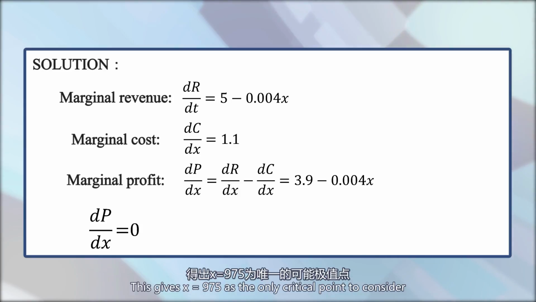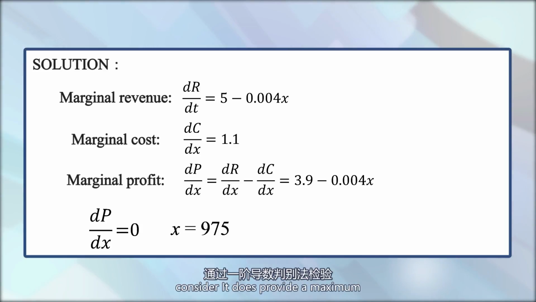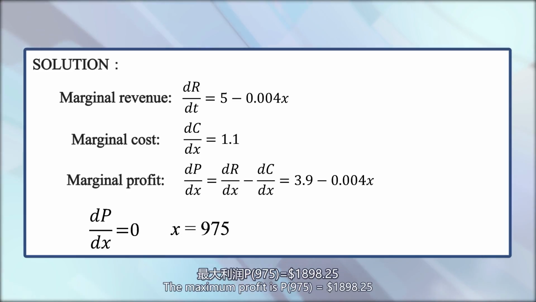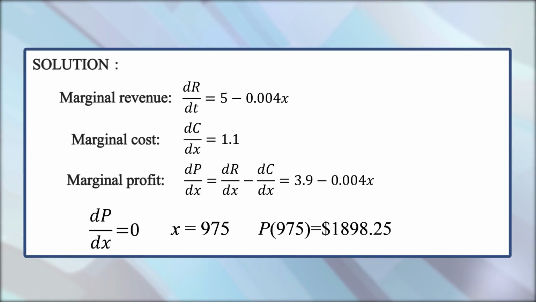And this gives x is 975 as the only critical point to consider. It does provide a maximum, as may be checked by the first derivative test. So the maximum profit is P at the point 975, and it's about $2,000.